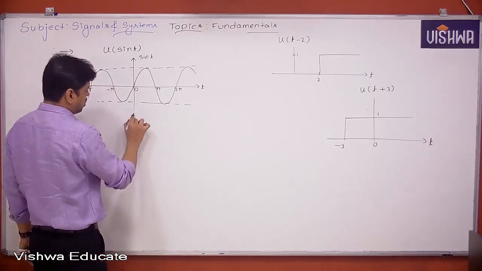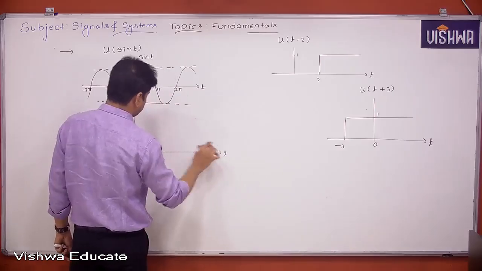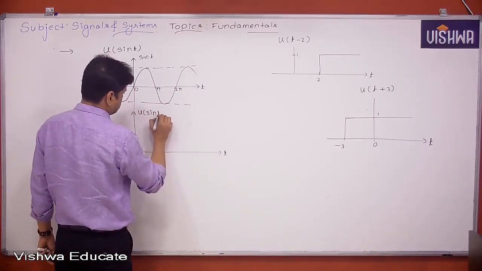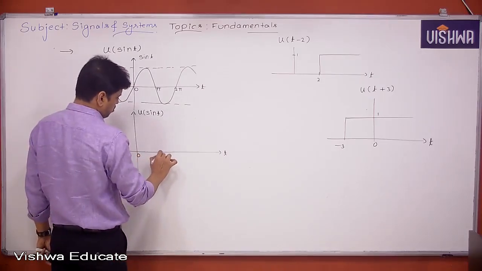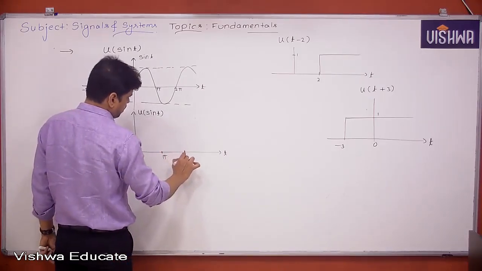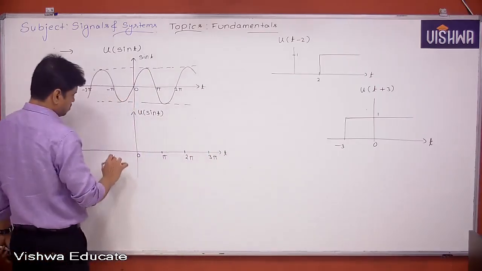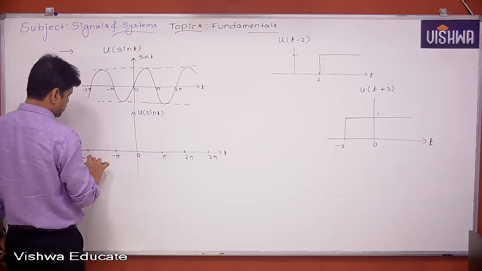So if I draw the u of sin t curve, let's see, 0, pi, 2 pi, 3 pi, like that, minus pi, minus 2 pi.